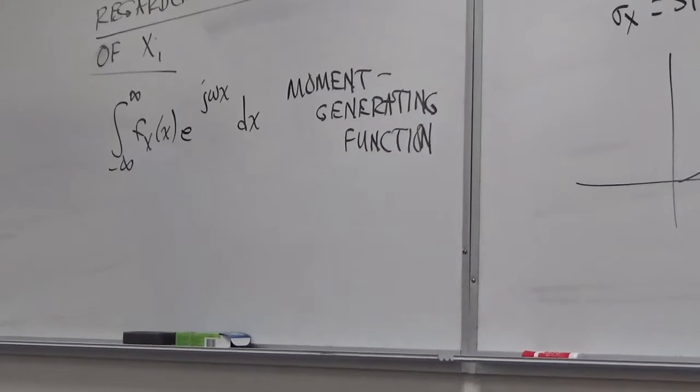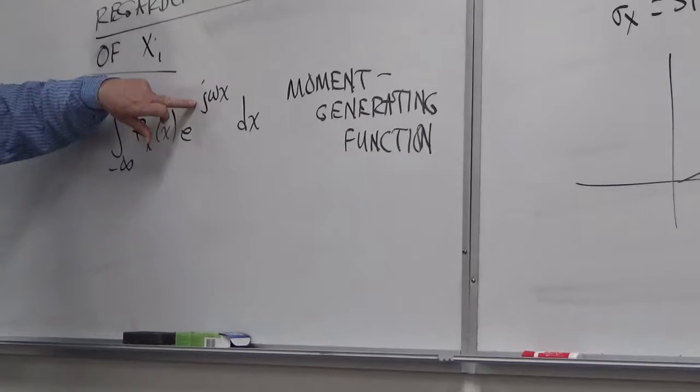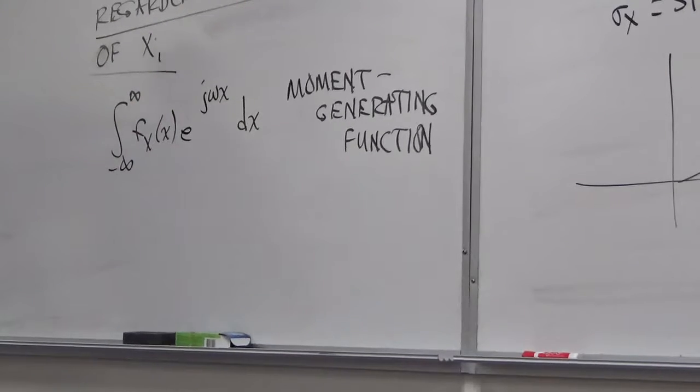Does that look like a Fourier transform? Turns out it is, except for one thing. We changed the sign on this exponent, which really is just a matter of how you define it. It could be done the other way, but it's commonly done that way. And so that really is pretty much exactly the same as a Fourier transform.